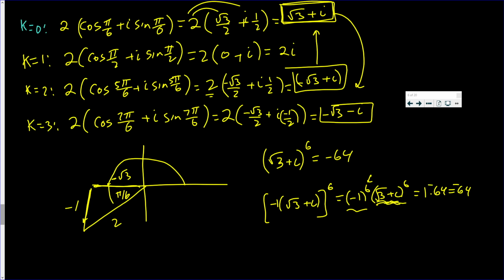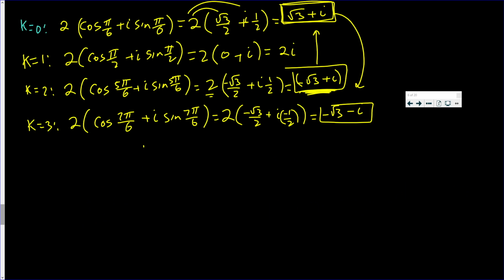It will give you negative 64. Okay, and we're going to get the negative of this one too. Now k is 4. So we're also going to get the negative of 2i. We'll get negative 2i, because the negative to the 6th power is 1. So there's really only going to be like 3 distinct ones. Some are going to come in pairs. These are just negative of one another. And we're going to get the negative of this and this.